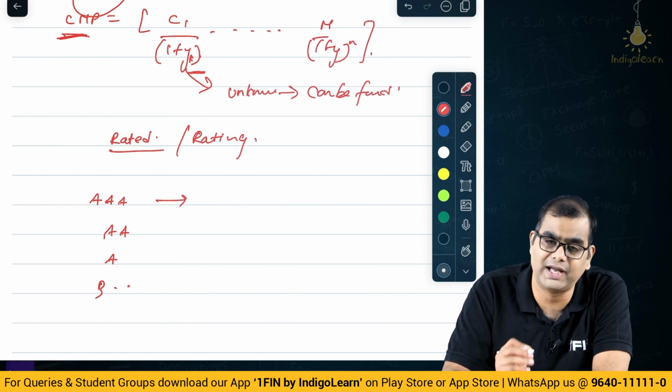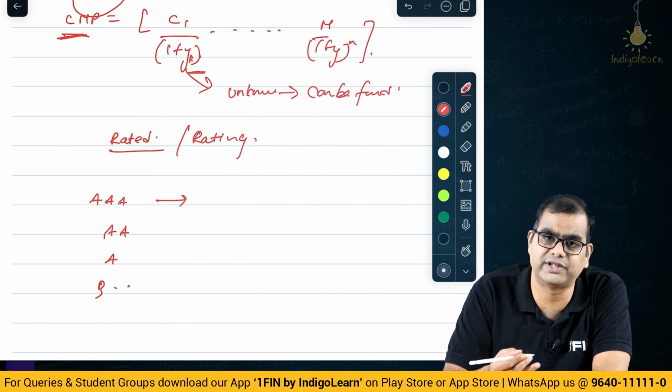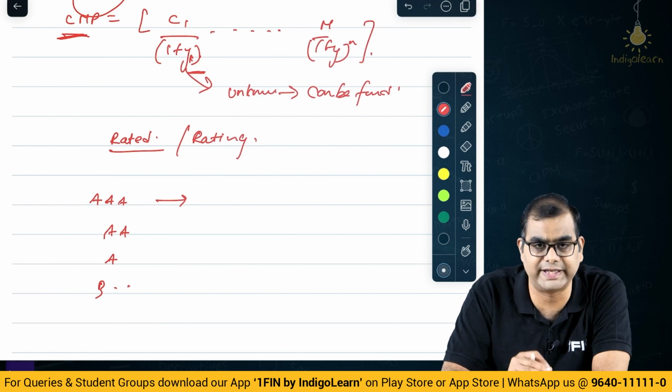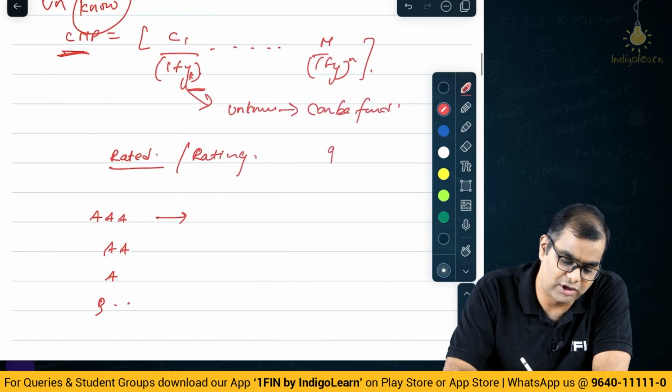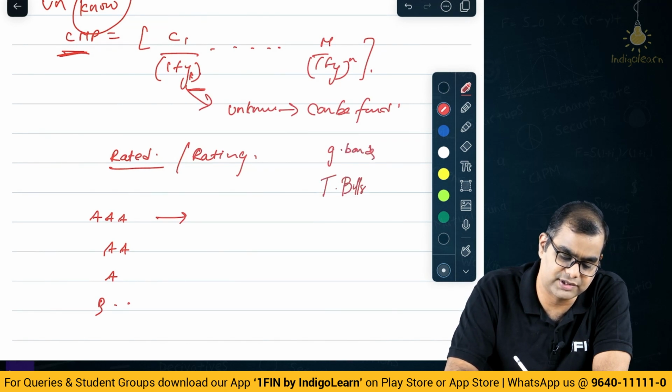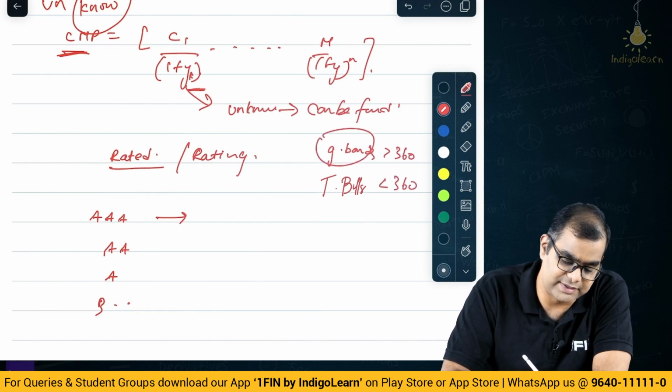So Government of India also has bonds. Government of India issues 5-year securities, 10-year securities, 15-year securities, and they issue something called T-bills, which have maturity less than 360 days. So you have government bonds, which are greater than 360 days, and T-bills, which are less than 360 days maturity. Okay, so you take these as the base.